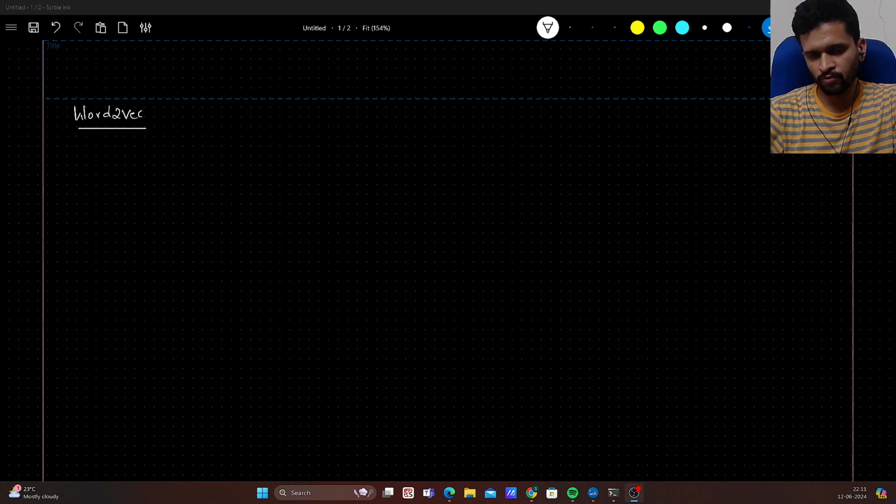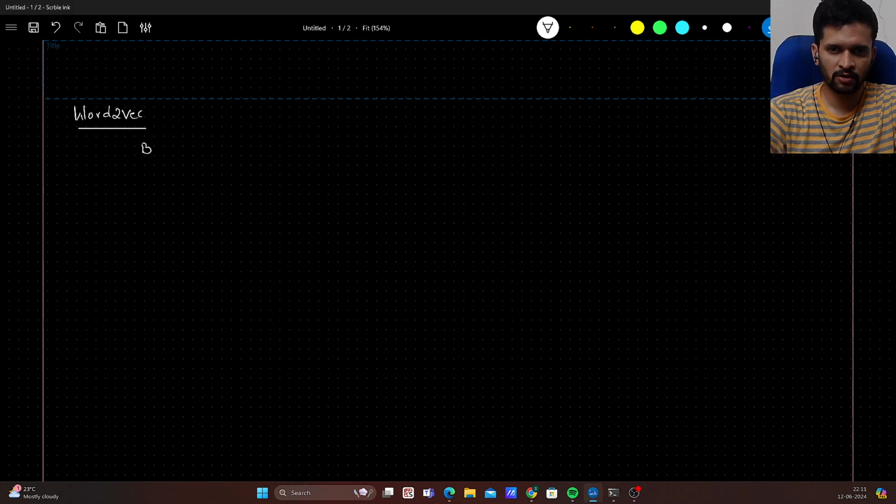Before actually jumping into Word2Vec, we need to ask why we need another model to represent words in terms of numbers. We already have bag of words and TF-IDF. You already know this: both of these fail to group similar words together.